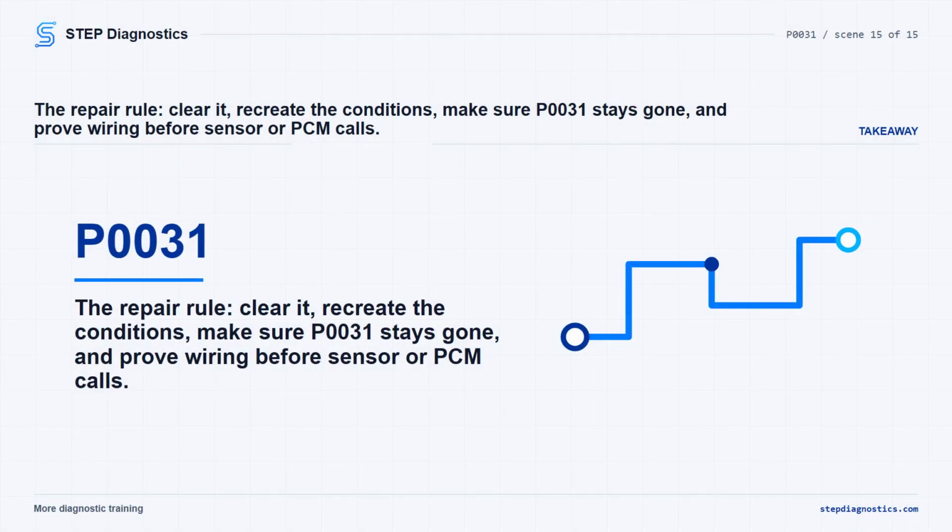Keep verification separate from testing. After any circuit repair, sensor decision, or PCM decision, erase the code, reproduce the operating conditions, and confirm the code stays gone. Takeaway: prove the wiring under load first, then prove PCM command control, and only make the sensor or PCM call after the circuit checks support it.